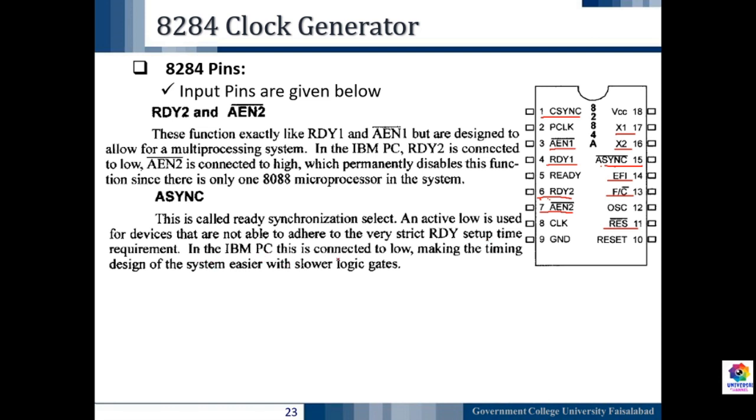In the IBM PC, this is connected to low, making the timing design for the system easier with slower logic gates. So this is the ready synchronization select pin.